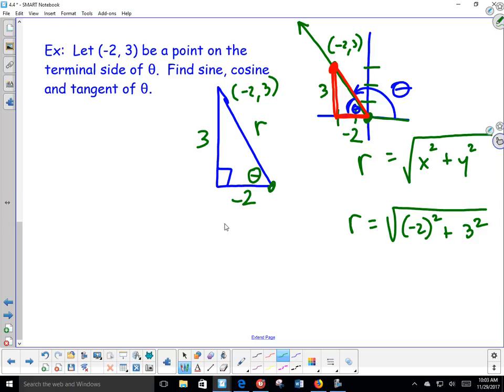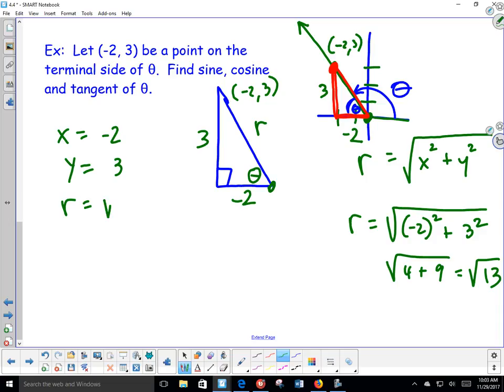So what does r turn out to be, Allison? We get the square root of 13. So what do we know? We know x is -2. We know y is 3. And we know r is the square root of 13. Everybody agree?